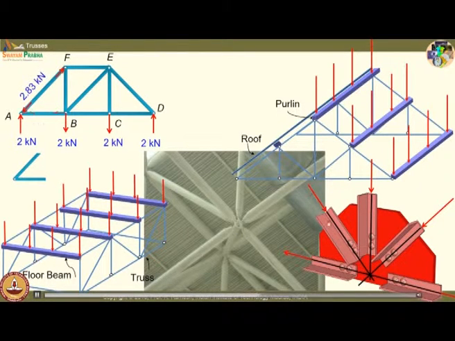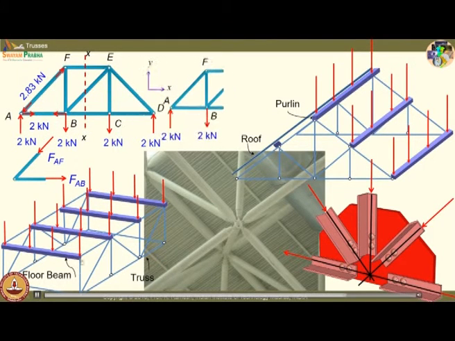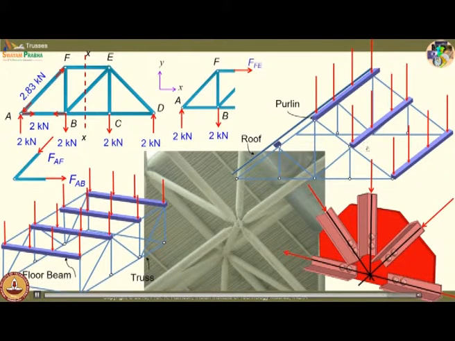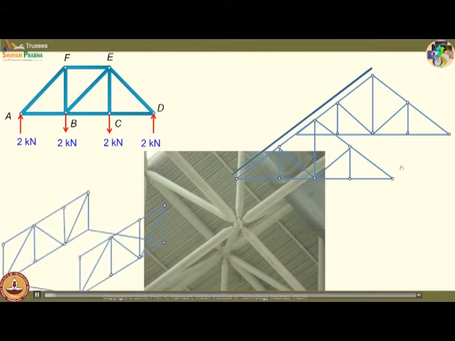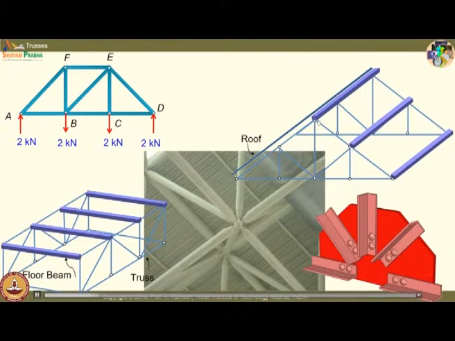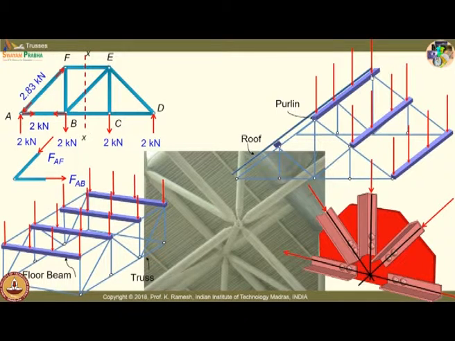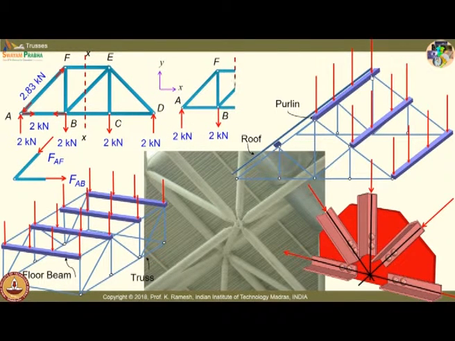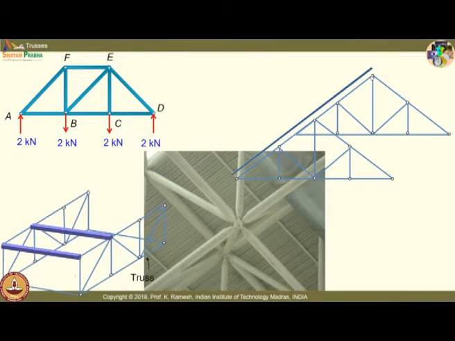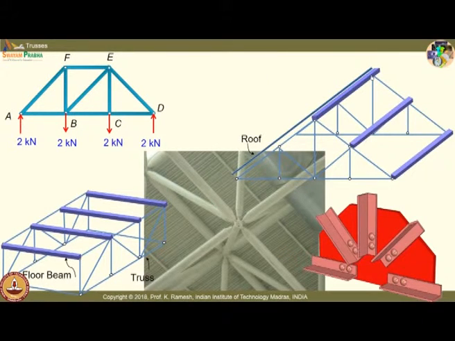And another aspect we noticed was, if you have a roof truss or a bridge truss, in all of this you have a set of beams which are cleverly put and transfer the load only at the joints of the truss. So, what is important is, in a truss no member is continuous through a joint and loads are applied only at the joints. Only then you can model the structure as a truss for analysis.